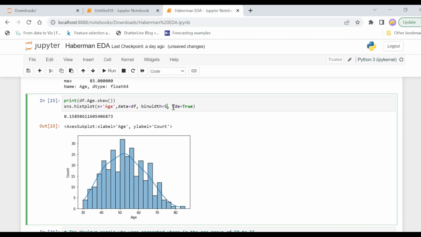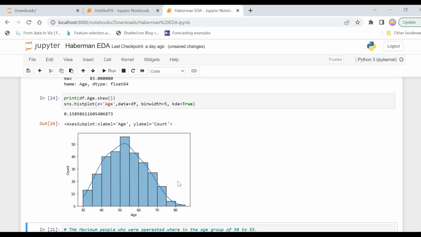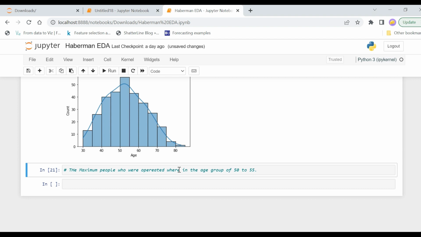So I'll limit it to 5, because the information you get with a bin width of 10 will not be that sharp. You might make some errors if you have a high bin width. So this is what we get when I am using the age in this case.